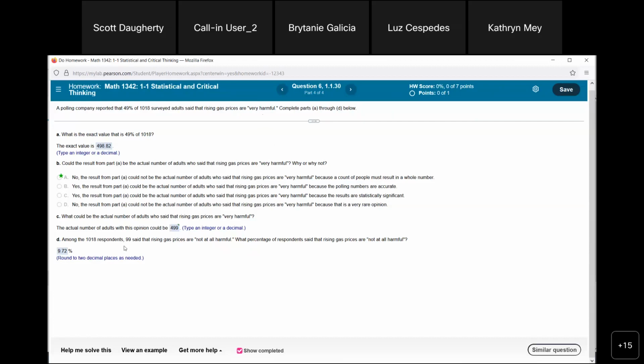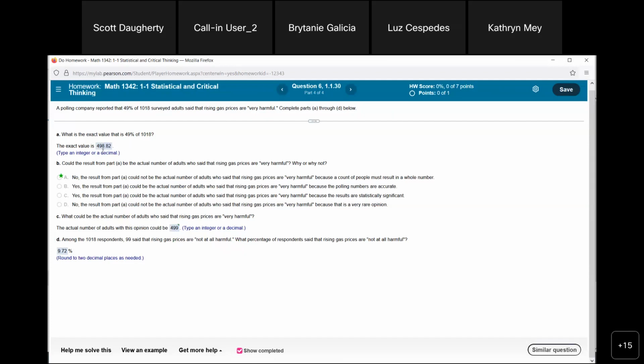So we'll run into this later on. Sometimes when you only have the percentage and the total number of people surveyed, you don't know how many of them responded, in this case saying that gas prices were very harmful. And the only way to get that number back is to multiply 1,018 by 0.49. And sometimes even then you wouldn't know exactly which one it is. We could narrow it down to 499 or 498.